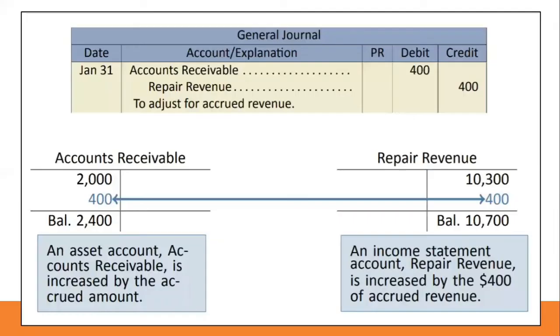This is how our adjusting entry would look. If the adjustment was not recorded, then assets on the balance sheet would be understated by $400 and revenues would be understated by the same amount on the income statement.